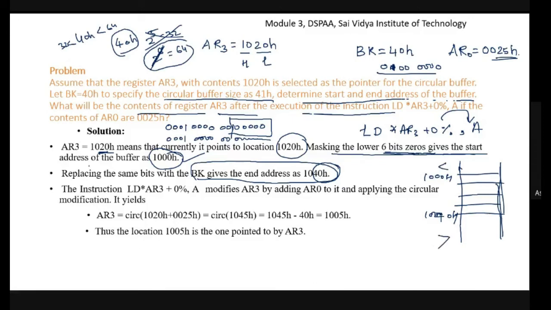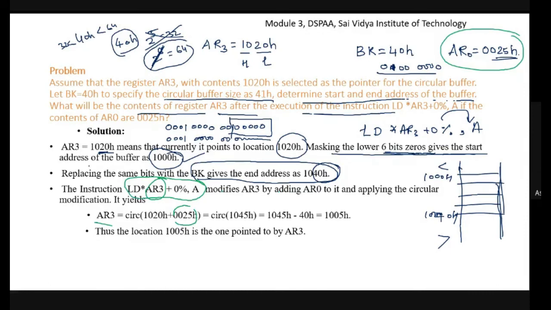So whether it is less than this value or whether it is greater than this value. So now what we do here is, with the help of an instruction, we'll calculate the circular addressing. That is *AR3+0%. AR3 is equal to circular addressing of 1020H plus AR0, which represents the AR0 register content. That is, the AR0 register content is 25 hexadecimal.